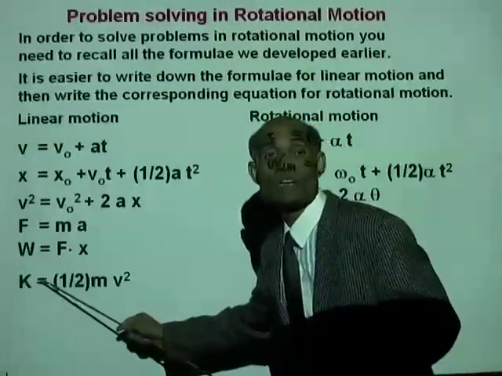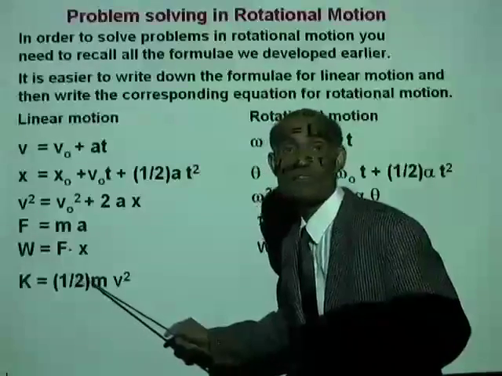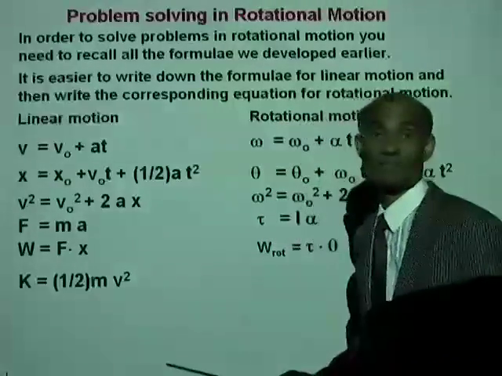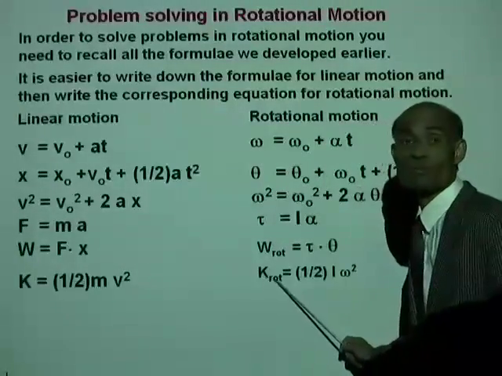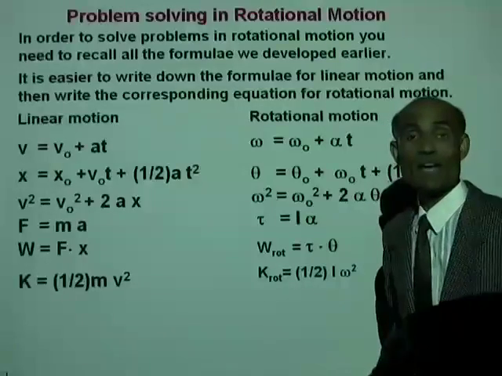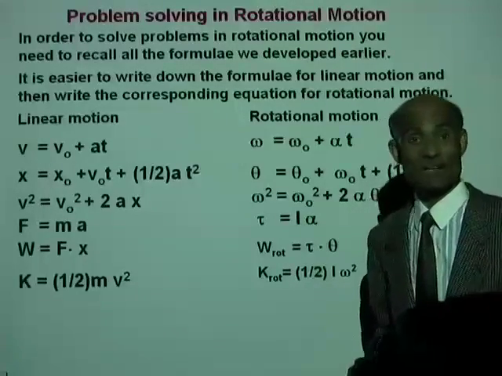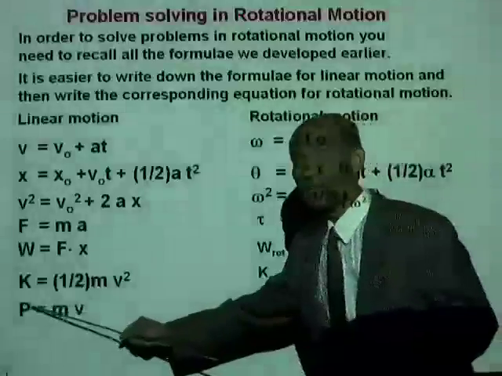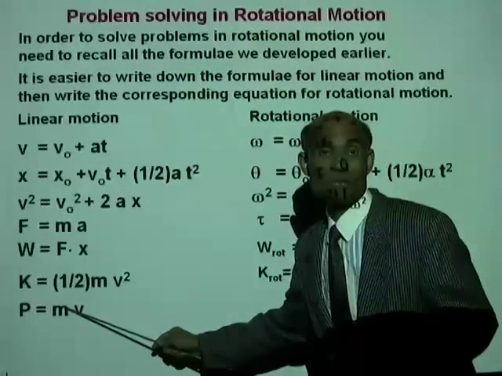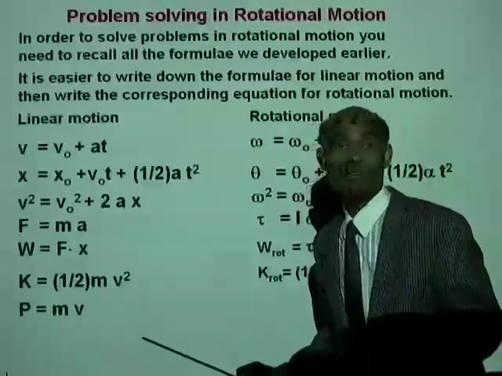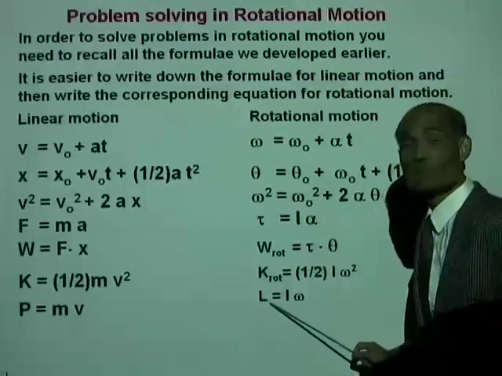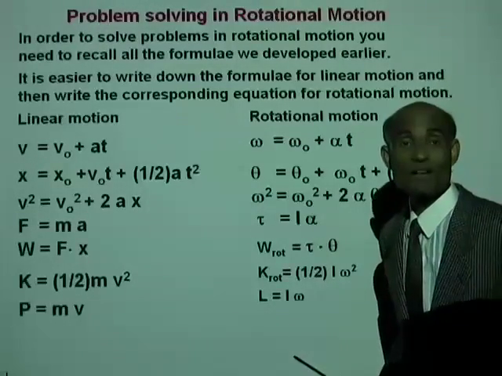Kinetic energy in linear motion is 1/2 mv squared. Kinetic energy of rotation is 1/2 I omega squared. Linear momentum p equal to mv. Angular momentum L equal to I omega.